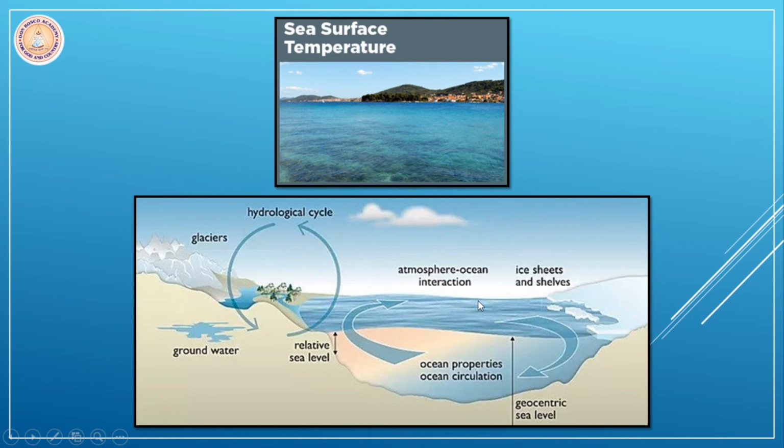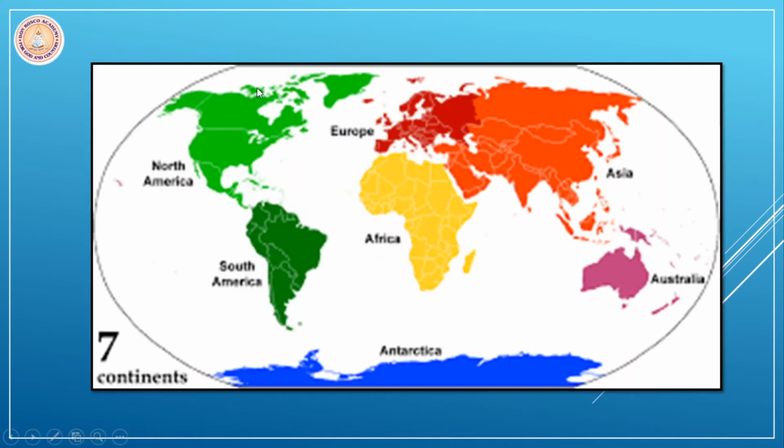So, because of this circulation process which occurs in the oceans, oceans are able to keep the temperature of the coastal areas very moderate. However, areas which are far away from the seas have very extreme climate, or the continental type of climate.